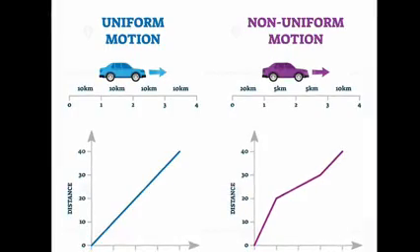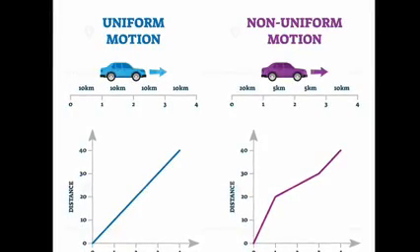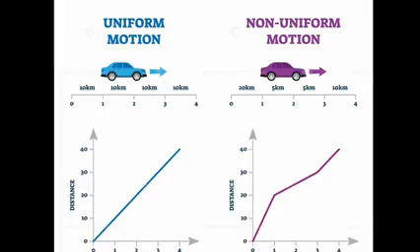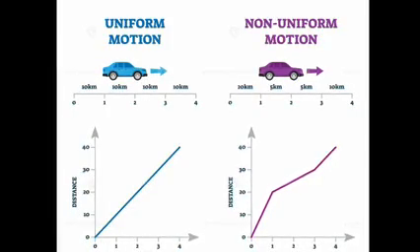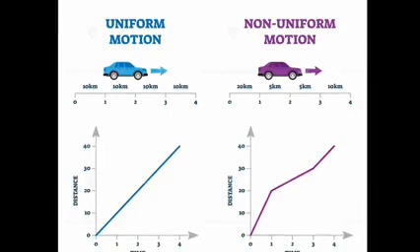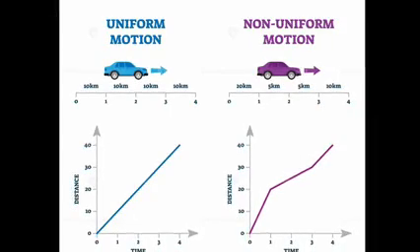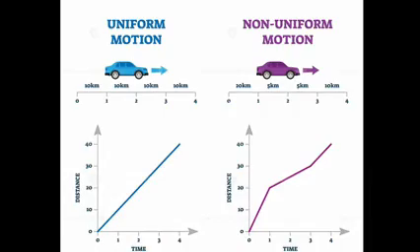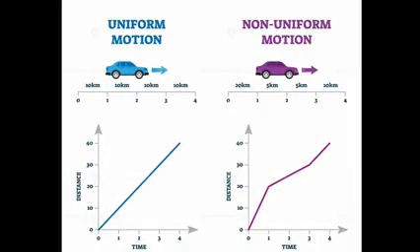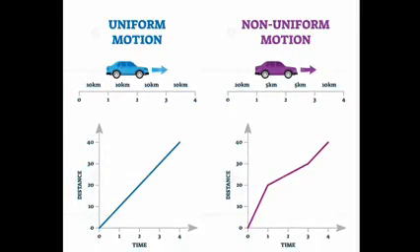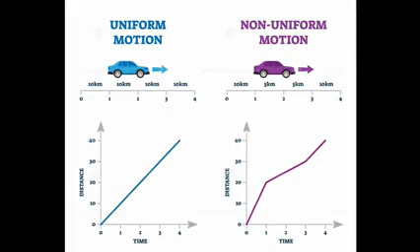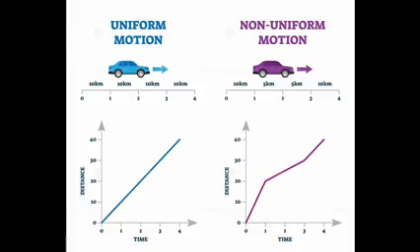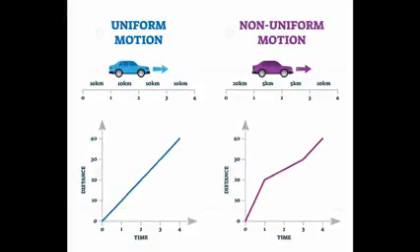Suppose in the case of non-uniform motion, for example, if you are driving a car, it starts from stationary. Here, the initial velocity will be 0. But after reaching 1 kilometer, maybe you could have covered the distance 10 with a different time. And in another kilometer, you can go a different distance with a different amount of time. The graph will be like this.